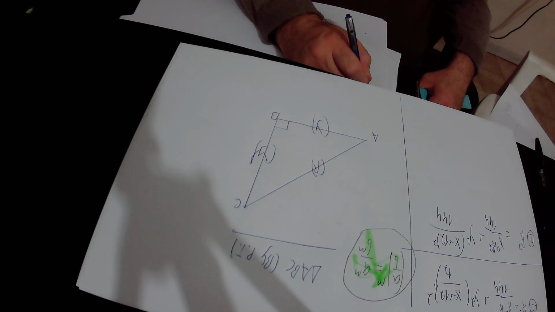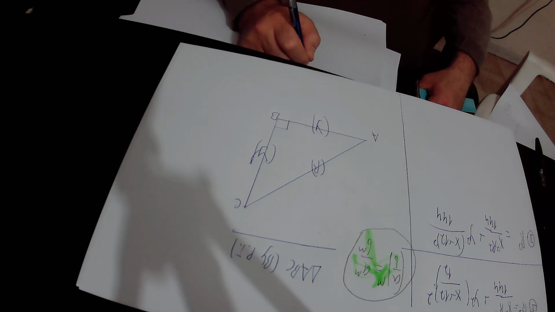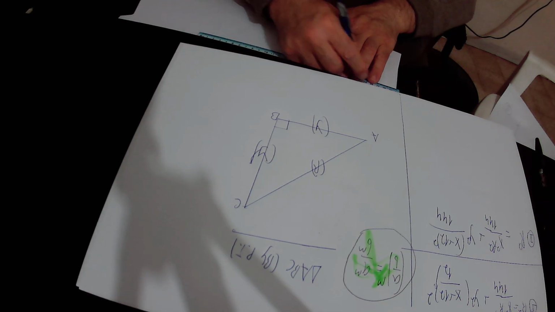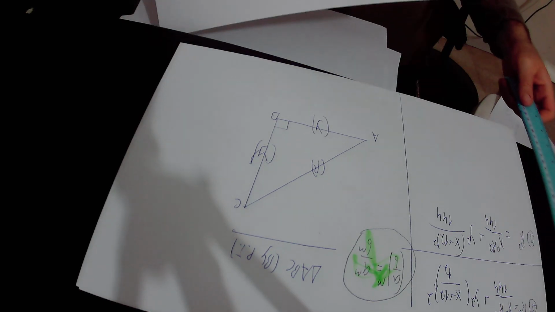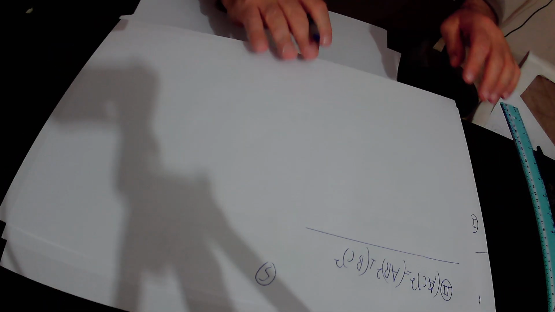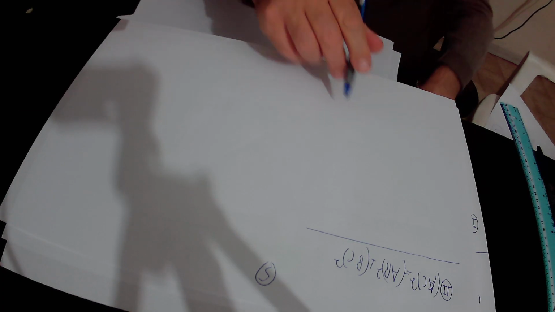AC square, this will be equation 2, AC square equals AB square plus BC square. Again, in the right triangle ABC, according to the Pythagoras theorem, AC square equals AB square plus BC square.